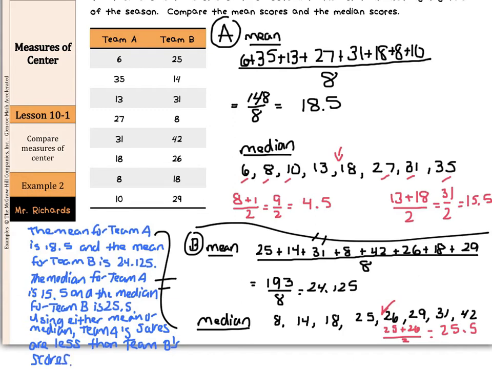And that's how we can compare mean with median of two different teams.